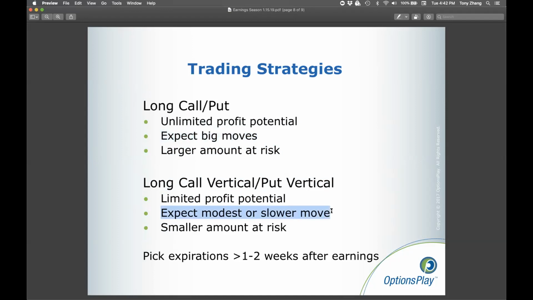Usually with blue chip stocks, you don't see huge gaps in earnings. Not to say it's not possible, but generally speaking, the larger the name, the smaller or more muted the move that you have on earnings. And this strategy does have a smaller amount of capital at risk, so you don't need to have such a large move in the underlying stock in order for the strategy to be profitable.